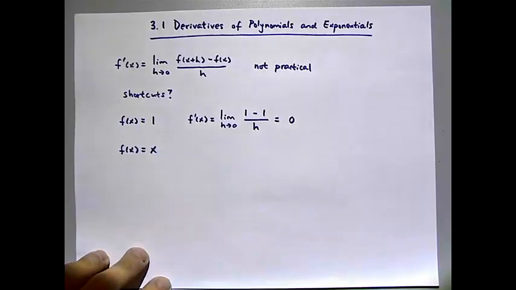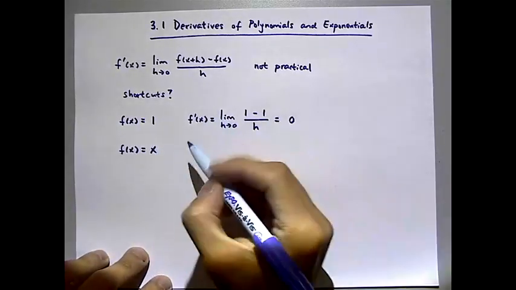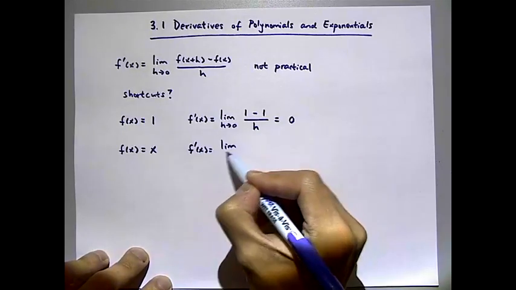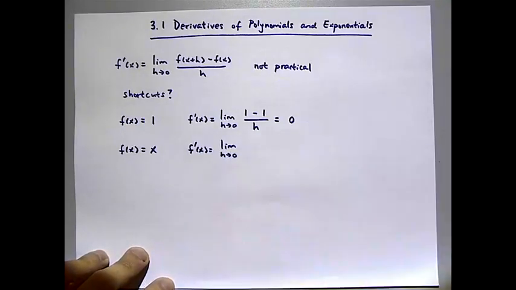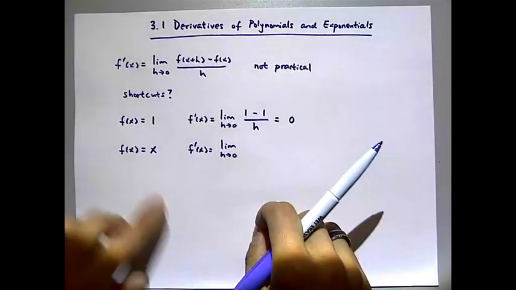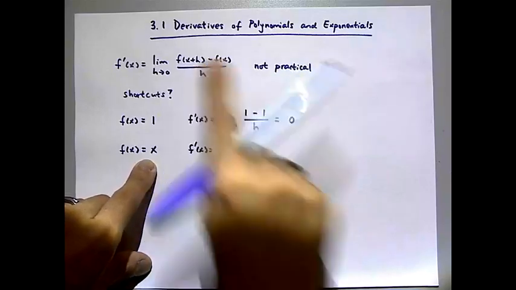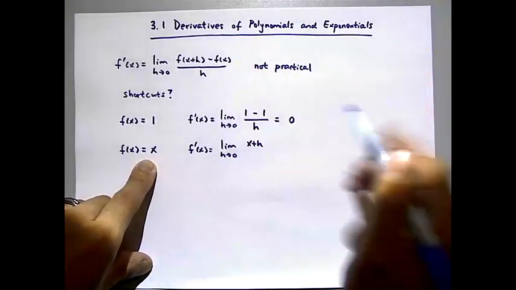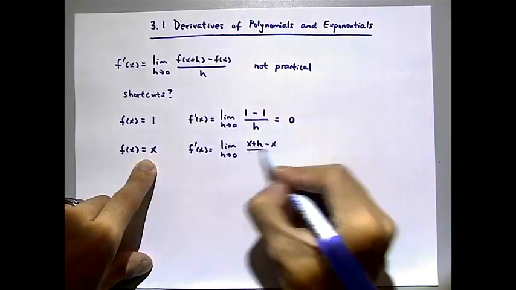All right, so let's make it more complicated. Make it just x. Go through the same thing, find the derivative, again using the limit just a few more times. If f of x is x, then f of x plus h is x plus h. f of x is x, over h.